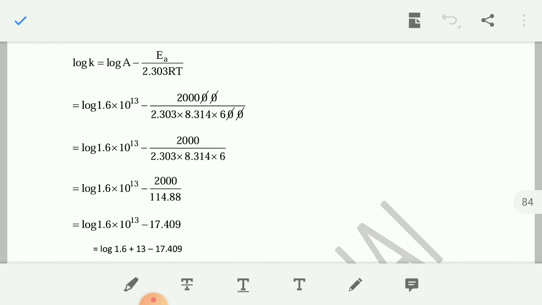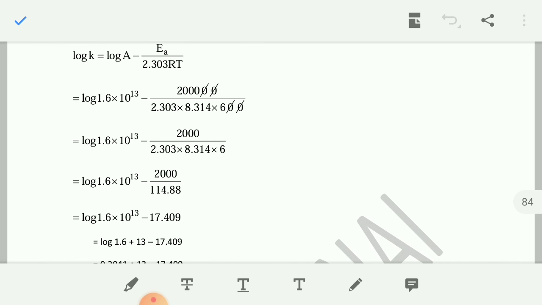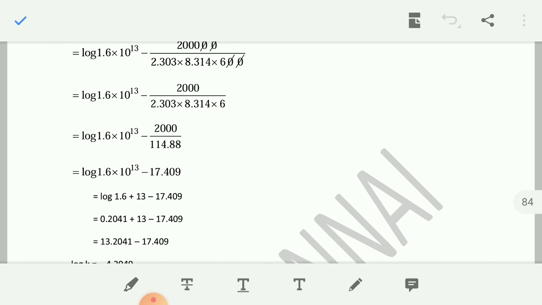These three values multiplied, 2.303 into 8.314 into 6, we get 114.88. So log 1.6 into 10 power 13 minus 2000 divided by 114.88.